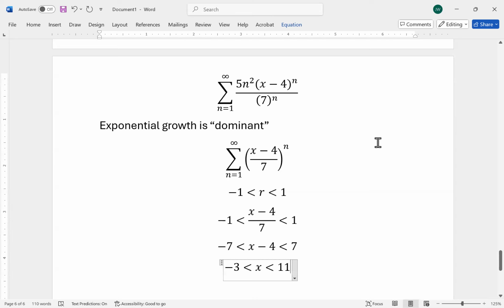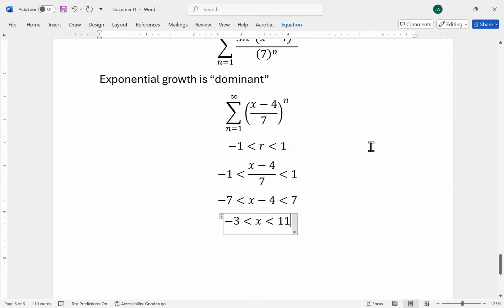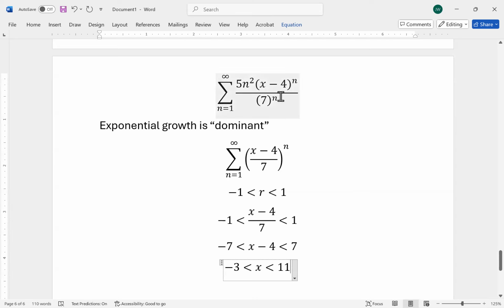That is my interval of convergence for my original series. So again, this series has interval of convergence between -3 and 11.